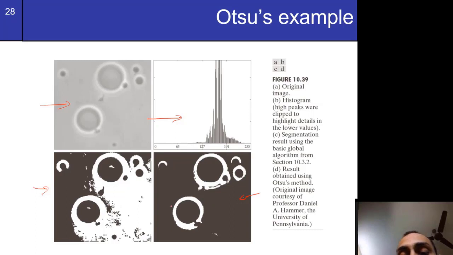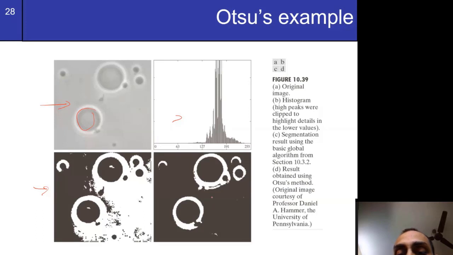But with the Otsu algorithm, it somehow ends up finding a good threshold value, which basically segments out probably these regions, and it groups this region and the background into one, and I think this region is categorized as something else. So I think we'll have to understand what this image is about and what we are trying to segment out in order to understand the result much better.